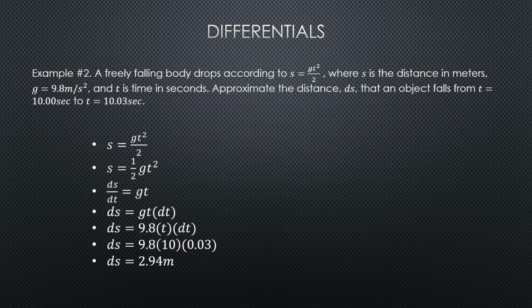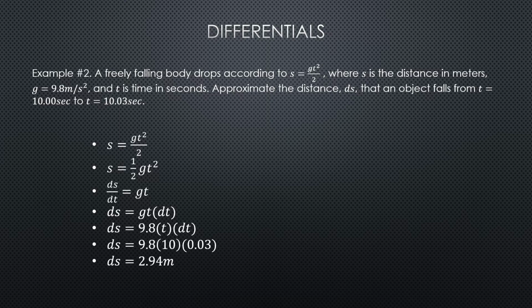Okay, so we want to know the approximate change of distance between two specific points in time. So we know that S is equal to g times t squared divided by 2. So we can rewrite that equation to make it a little bit easier to see the derivative. That's the same as saying 1/2 times g times t squared.